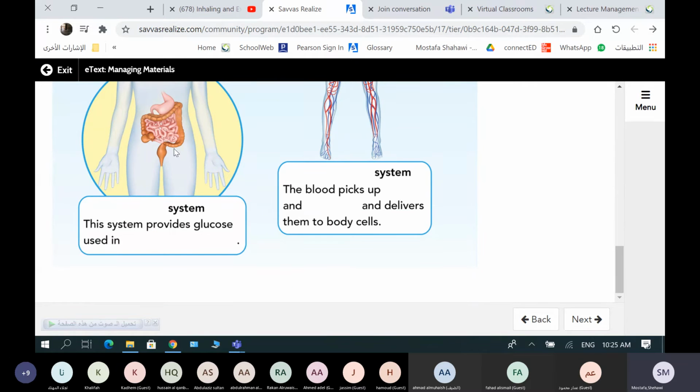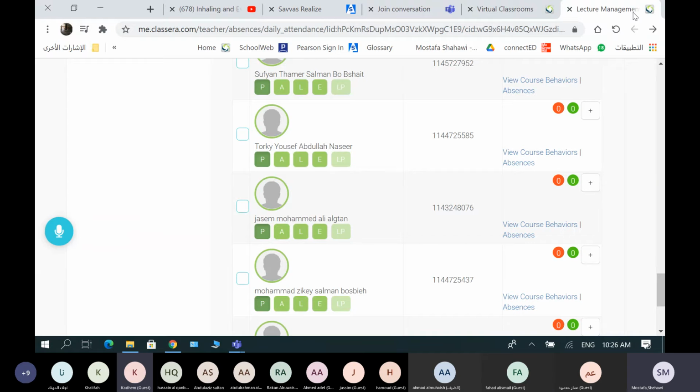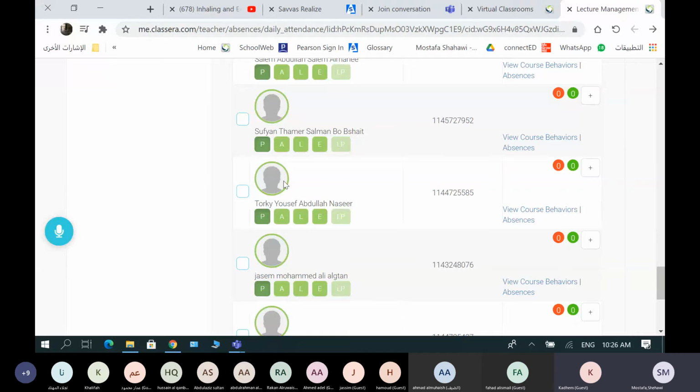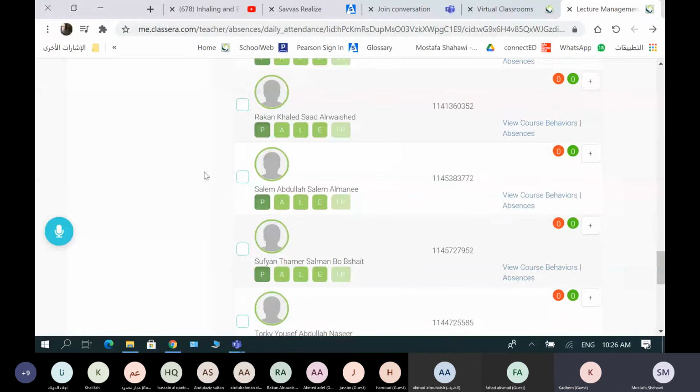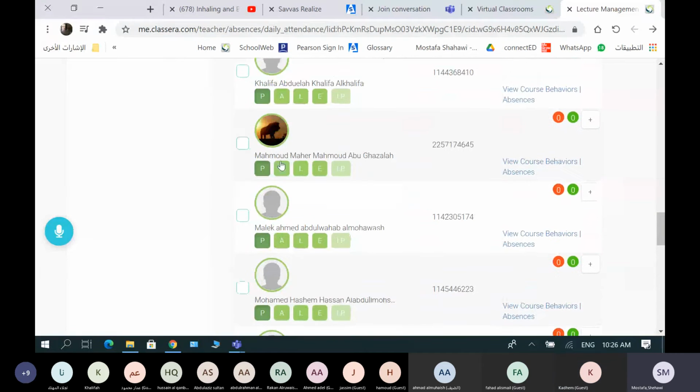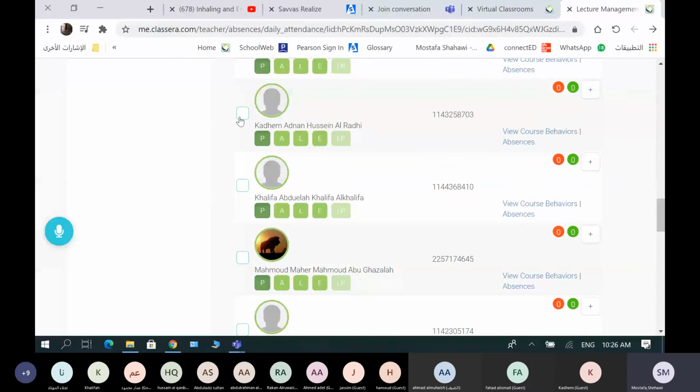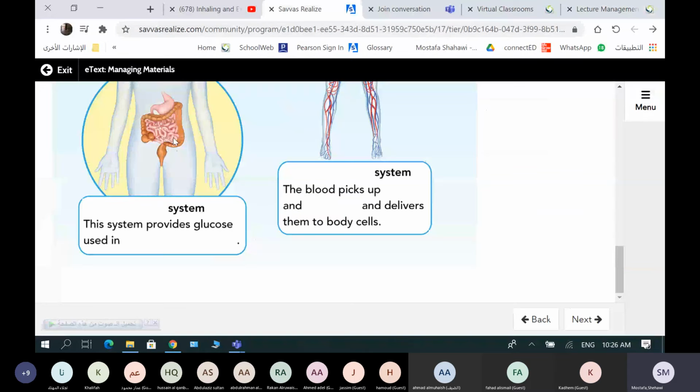We have here the last system. Who wants to answer? Kazim, you will answer, no problem. Answer this question here. What is this one? Digestive system. Complete: this system provides glucose used in.